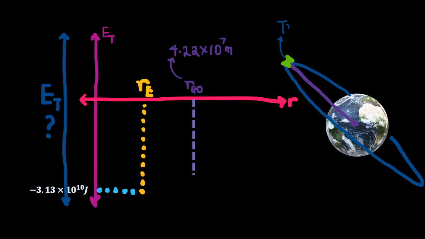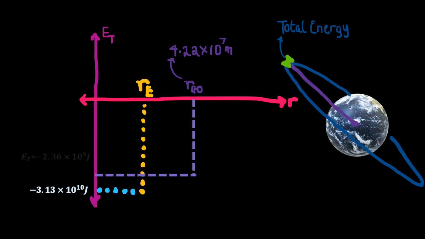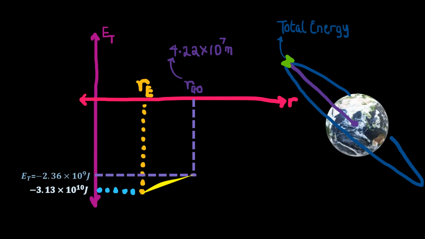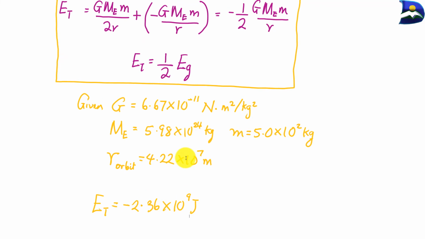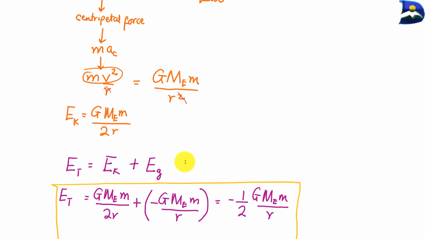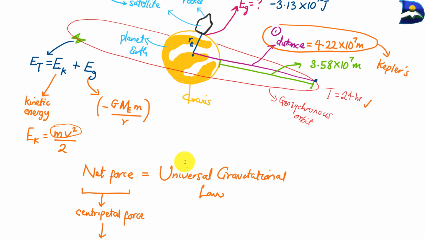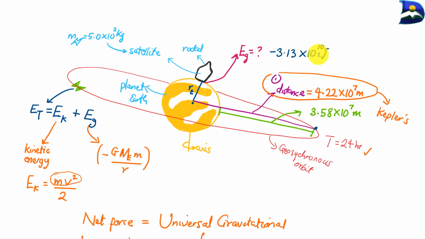Now this value of course is a negative value, and once it is negative it means that there will be some interesting things to consider when it comes to the work done, in comparison to not only the E total which we have determined now, but also the E total when the object is actually at rest on Earth's surface.